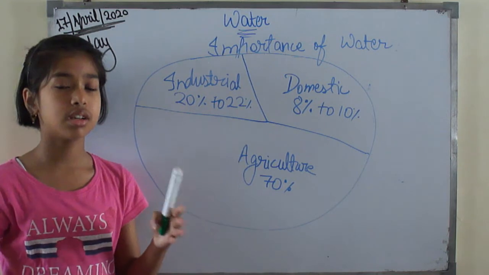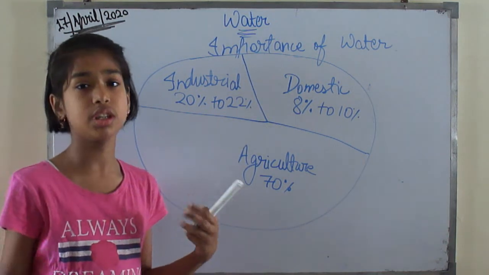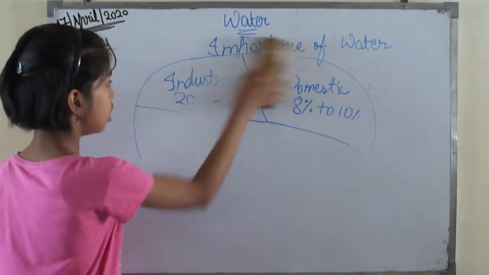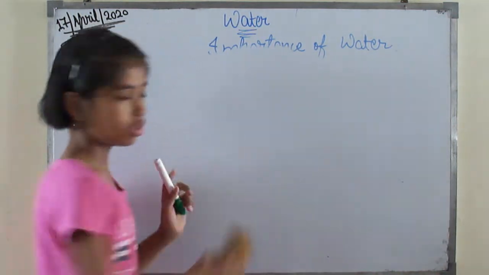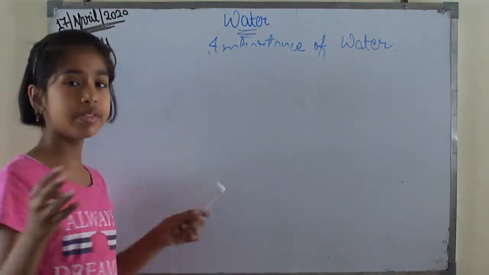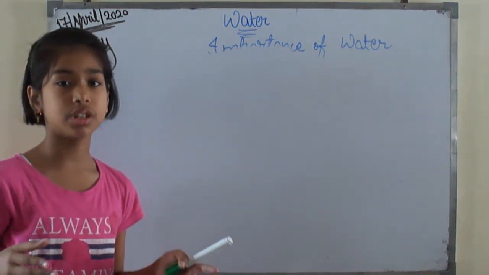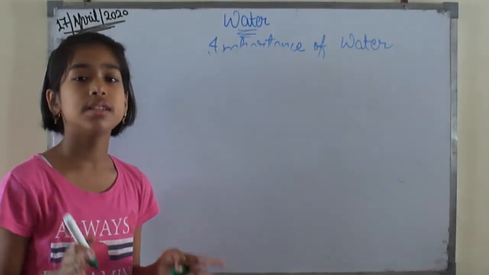And what if I ask you, how is water important for our body? So let's study about that also. Everyone will tell that our body is made up of water, therefore it is important for us, and it is made up of 70% of water. Now that is wrong.